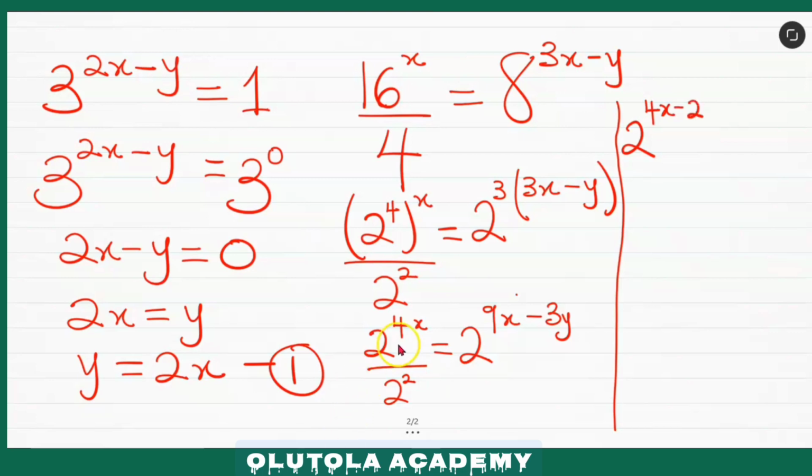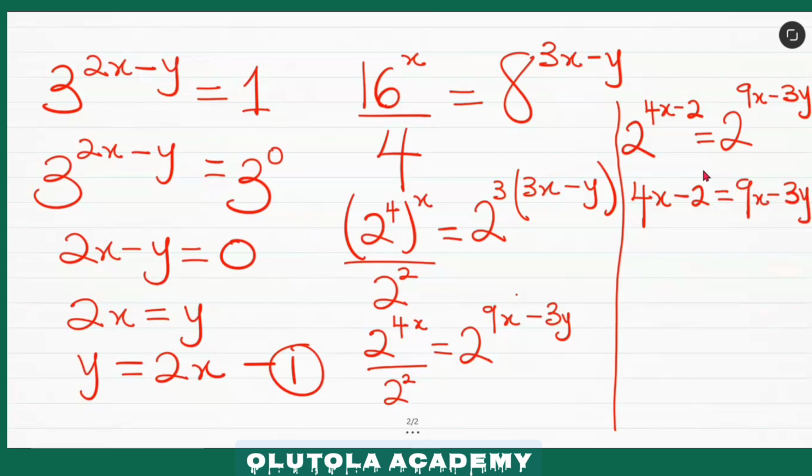That's for this. Then equals to 2 raised to power 9x minus 3y. So just as I did earlier, their bases are the same, that's 2. So I can equate the powers. I will have 4x minus 2 equals to 9x minus 3y.